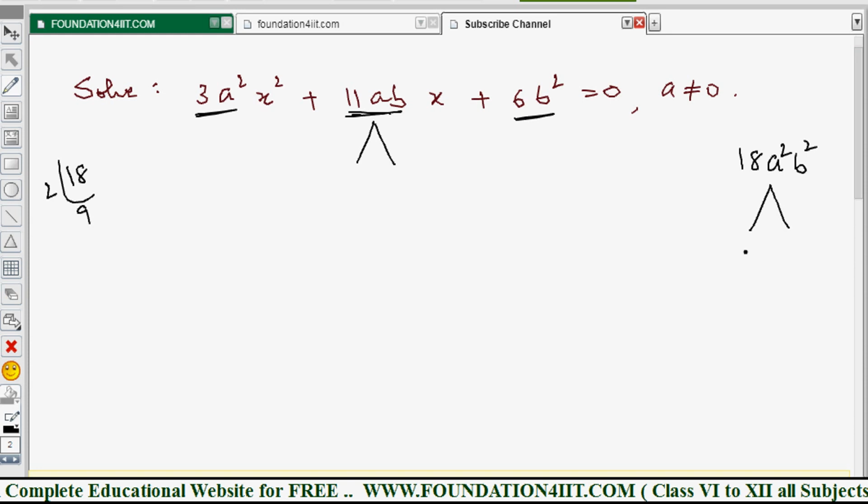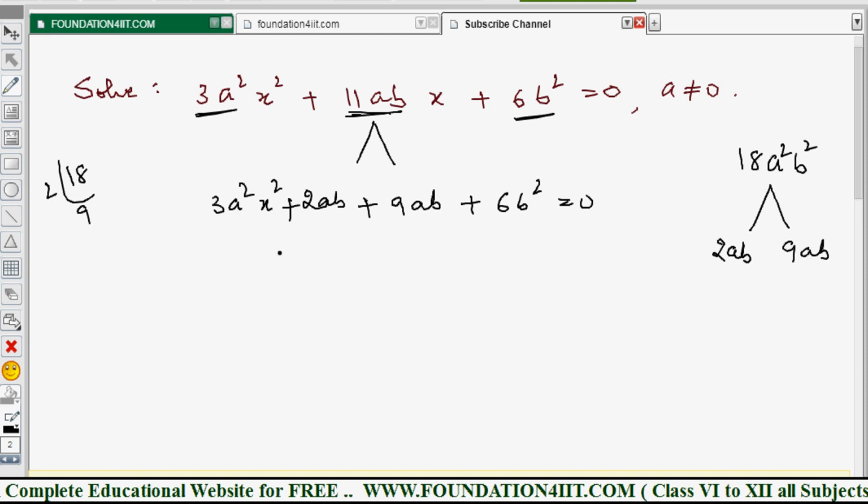So we can write 2 and 9. 2 into 9 is 18, but we need a square b square, so that is 2ab and 9ab, okay? 2ab times 9ab is 18a square b square, and 2ab plus 9ab is 11ab, right? We got it. So we can write 2ab plus 9ab, and 6b square equal to 0, with 3a square x square as it is.